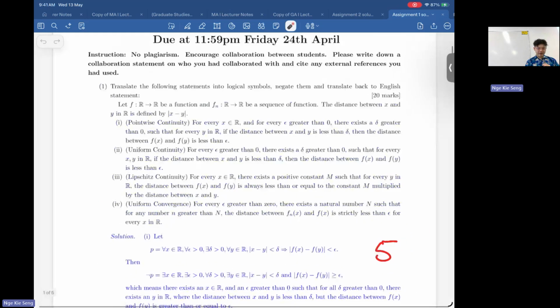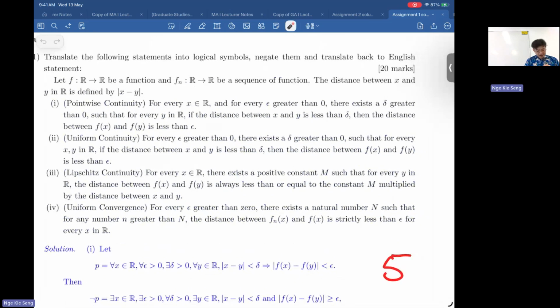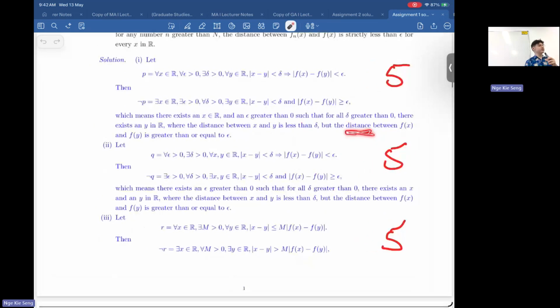So you need to pay very close attention to my definitions. I define this modulus thing as a distance, so you need to speak in terms of distance when you speak in English. Does it make sense? I take off marks if you don't mention distance when you translate back to English.